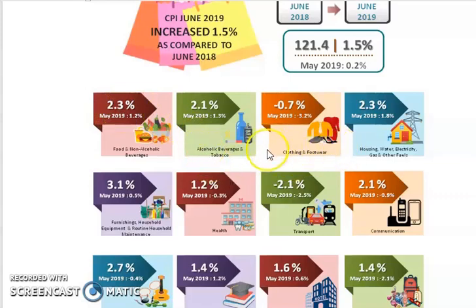For example, clothing and footwear in June 2019, negative 0.7 means that it decreased by 0.7%. Or another example, transport, negative 2.1%, negative here indicates that it decreased by 2.1%. Okay, these are some examples of index that we have in Malaysia.